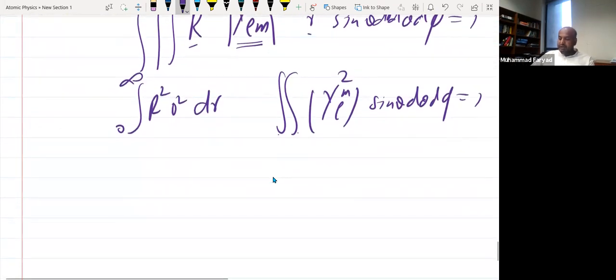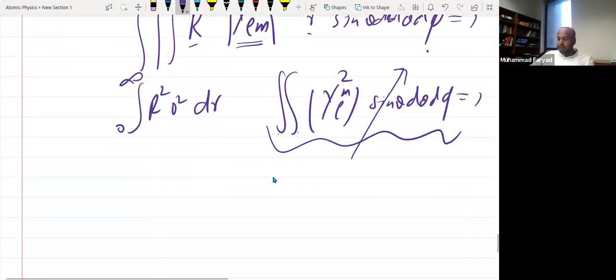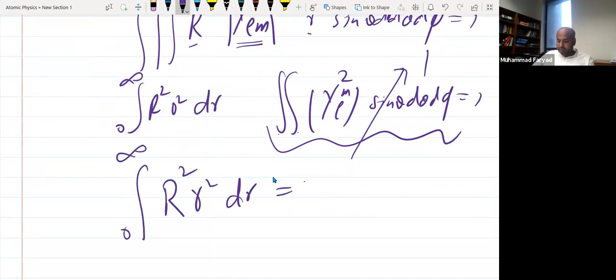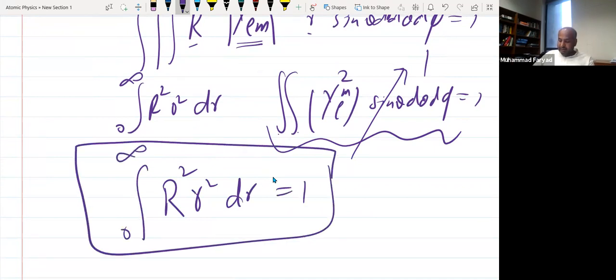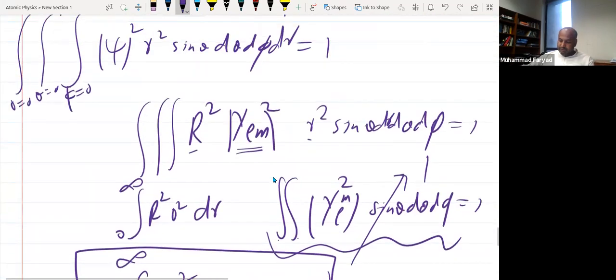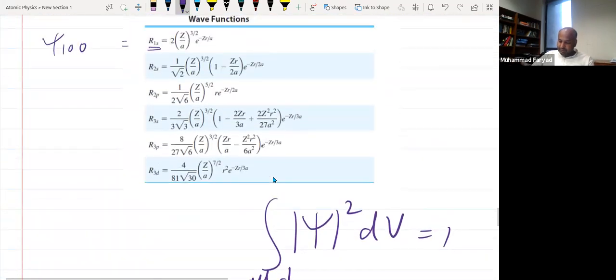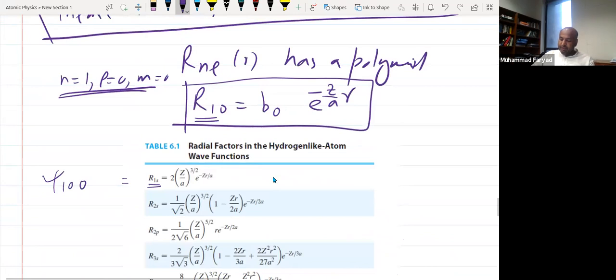But this is already normalized, so it gives us 1. So the normalization requirement for the radial part is this. Using this integral, we need to put R_10 in there and find the value of b_0, and once we do that, we can find the radial part equal to this.